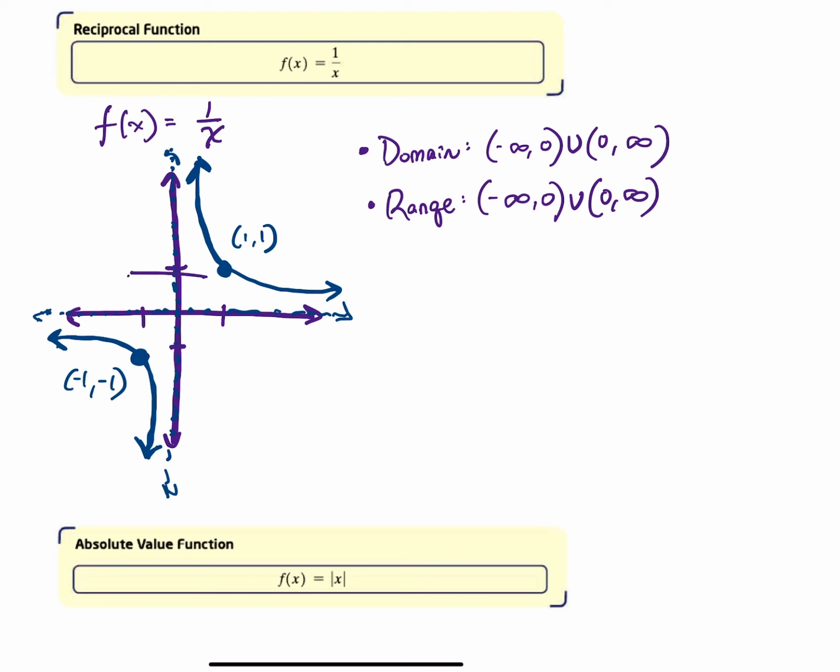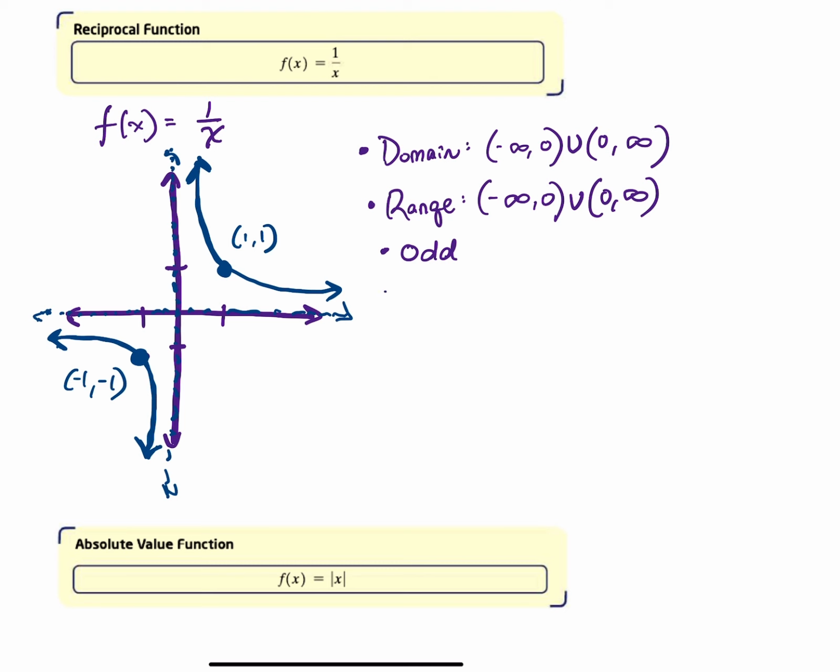You can imagine flipping it and then flipping it again. You would get our graph. Or we can use the test f of negative x equals 1 over negative x, which is negative 1 over x, which is negative f of x. So there's our odd pattern. So we got an odd function.